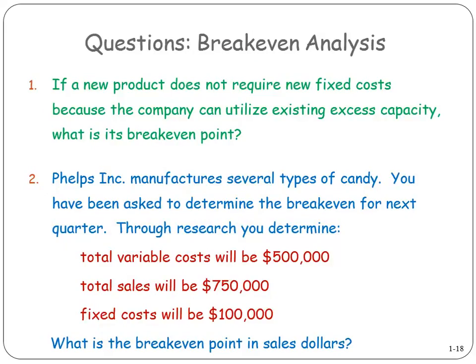Okay, so a couple of questions for you. If a new product does not require any additional fixed costs because you have excess capacity, what's its break-even point equal to? It's a conceptual question. It's not 0.